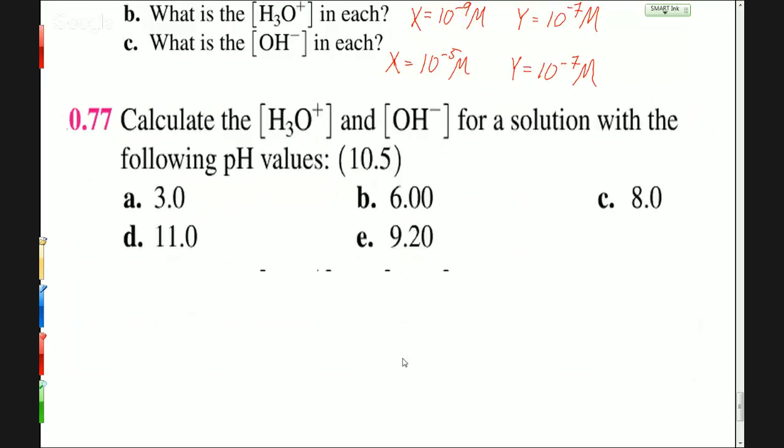First one, we can use the log. Well, it's the opposite of the log. We use the log when we are given those concentrations and we want to find the pH. If we have the pH, that's when we use the power of 10.